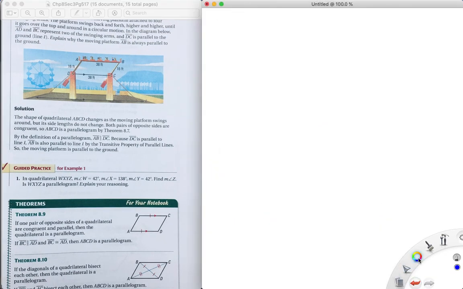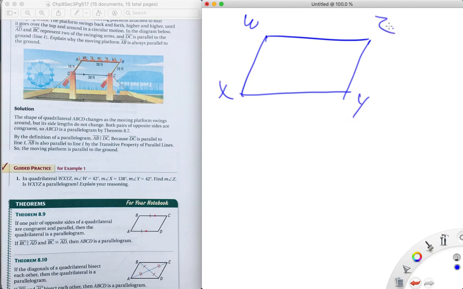So we have a quadrilateral, for example number 1, WXYZ. W is 42, X is 138, Y is 42.